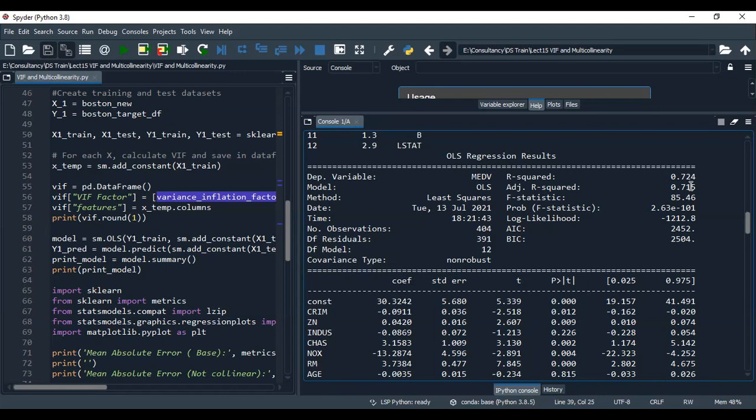So a number divided by 9 and a number divided by 8. Definitely, when a number is fixed and divided by 8, its value will increase. And what is adjusted R square? That is 1 minus some term divided by n minus k minus 1. So when you are increasing this term, 1 minus the entire term is decreasing. That's why the adjusted R square value is decreasing here.